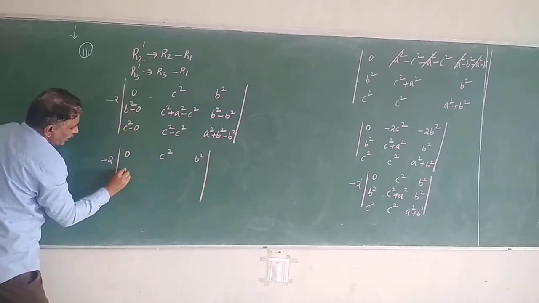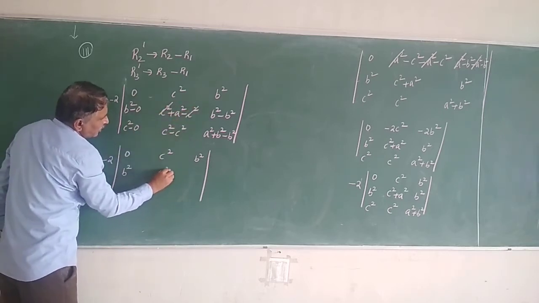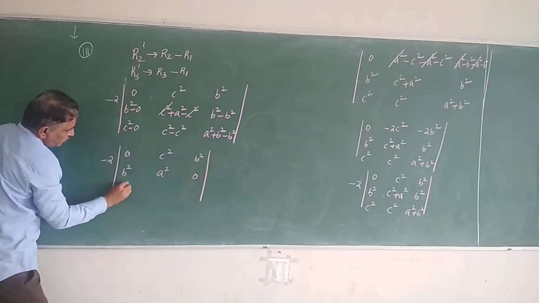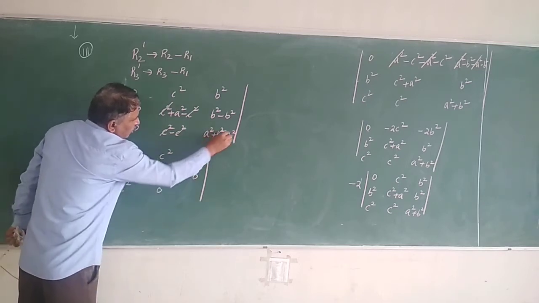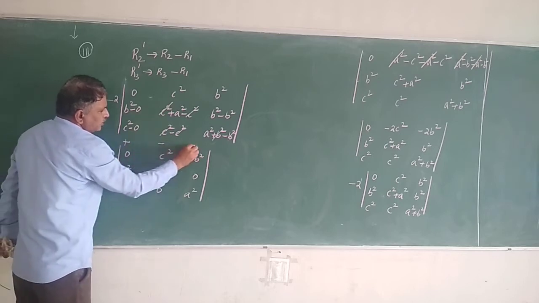This will be B square as it is. C and C will get cancelled. I will get A square. B square minus B square is 0. C square, this is also 0. This is, I will get A square. So plus, minus, plus.